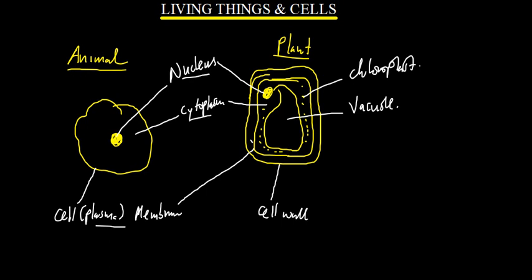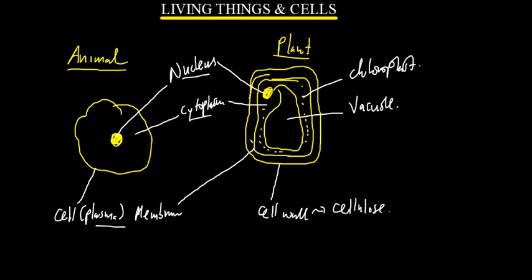And then on the differences, a plant cell has got a cell wall. An animal cell does not have a cell wall. And this cell wall for a plant, please take note, they can ask you, is made up of cellulose. Cellulose is a carbohydrate. Another thing is that a plant cell has got a big vacuole, while an animal cell does not have a vacuole. Another thing is that a plant cell has got chloroplasts.